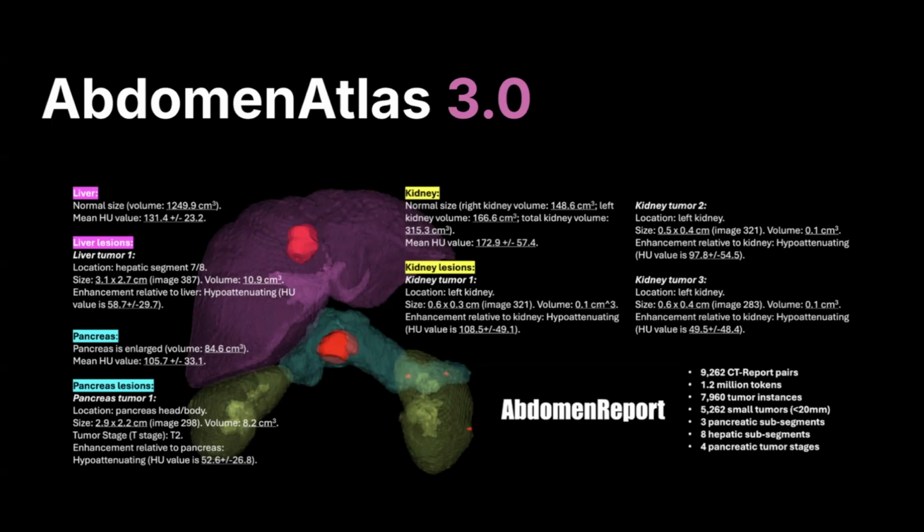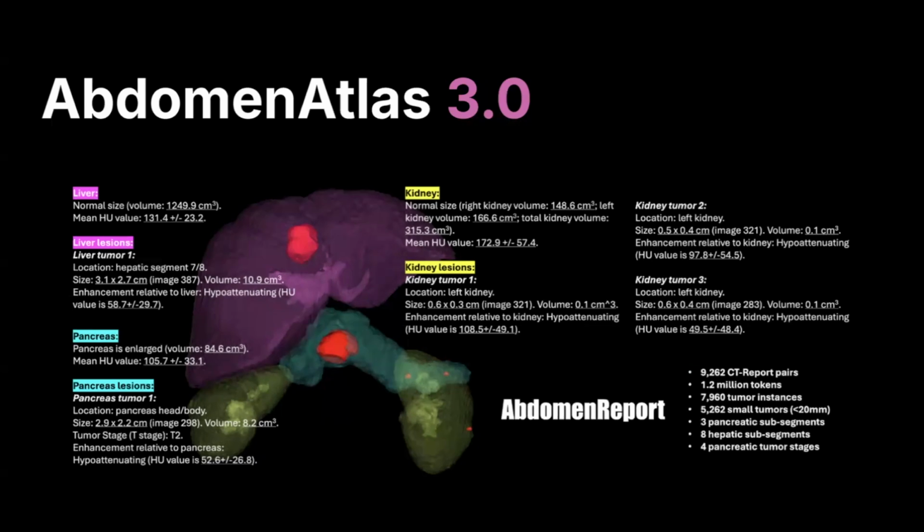Okay, so we have stage information. We have a total of about 8,000 tumor instances in this data set, and we have 5,000 tumors smaller than 20 millimeters. We have annotations of the pancreas subsegments. So this is the first public data set with pancreas subsegment annotation.